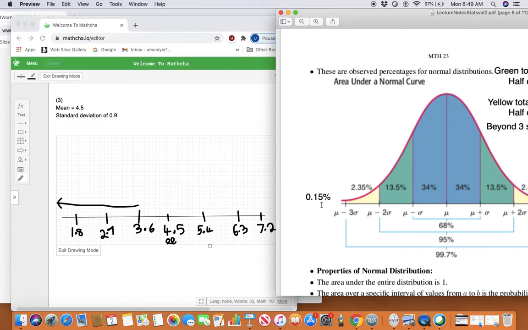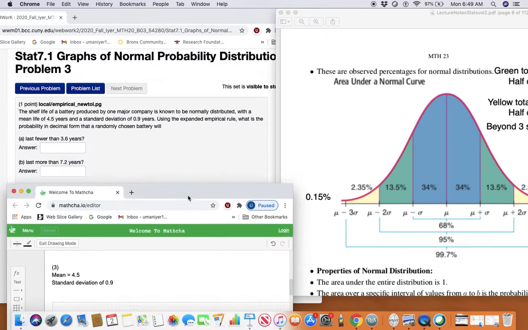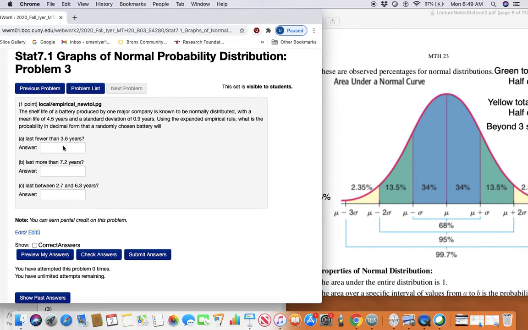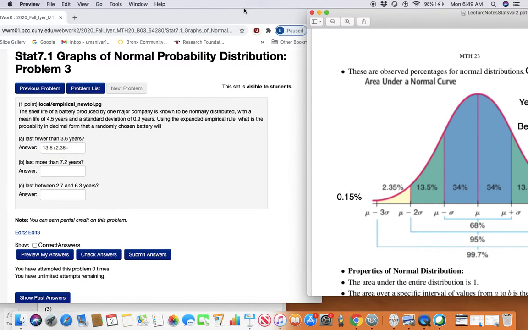You want all this area: 13.5 plus 2.35 plus 0.15. That's what you are going to add. So to the left, 13.5 plus 2.35 plus the last one, 0.15.